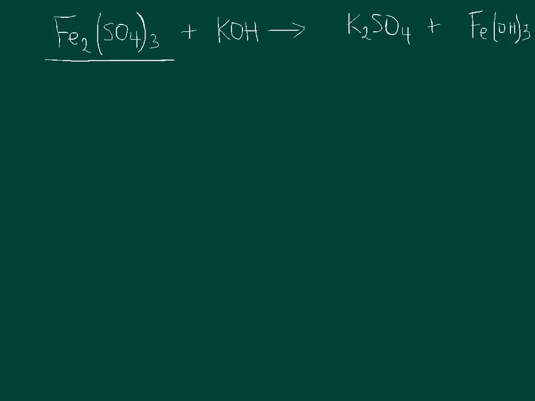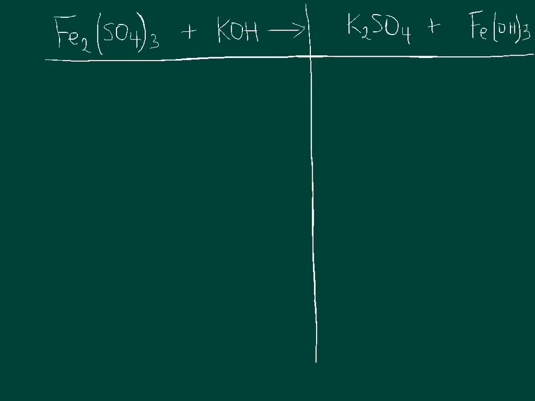So what I'm going to do first is split this equation up into the product side and the reactant side, and then list all the different elements in these two sides.